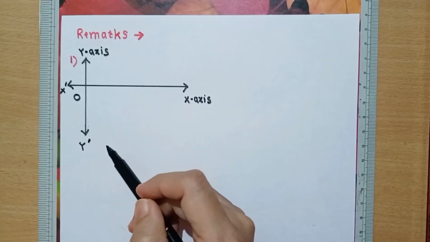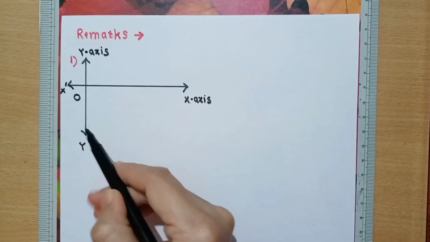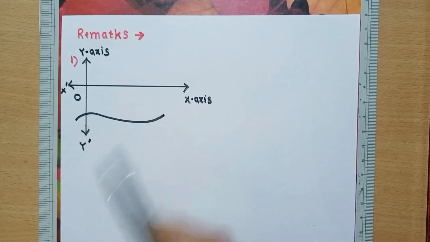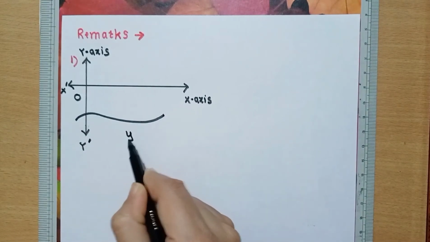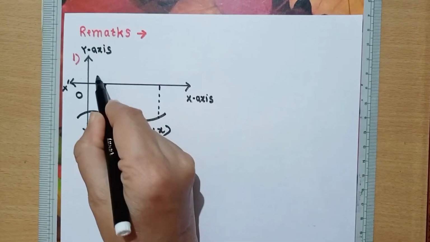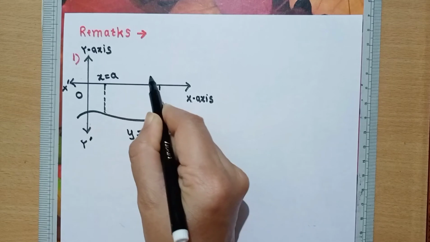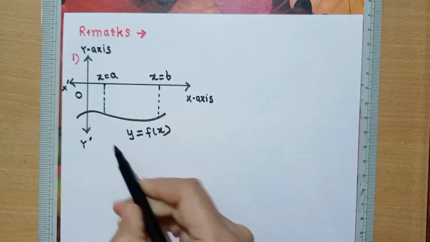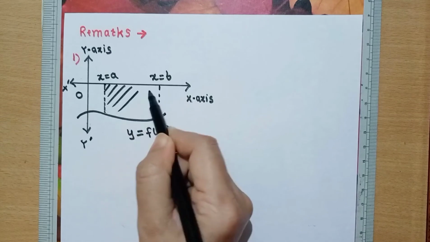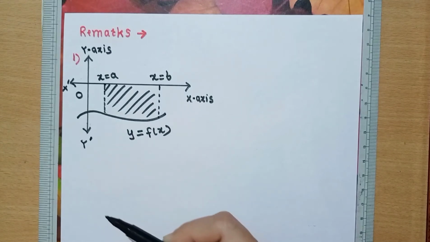Let's see the remarks now. This is the xy plane, and suppose the curve under consideration is like this, y is equal to f of x, bounded between x is equal to a and x is equal to b, and the area under the curve will be this. This is the required area.